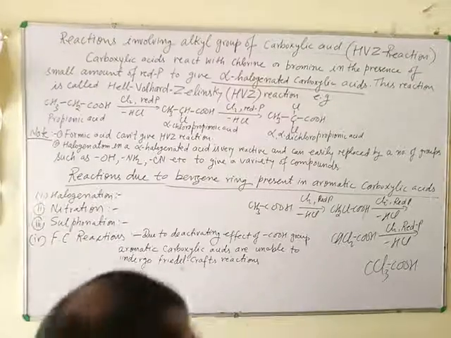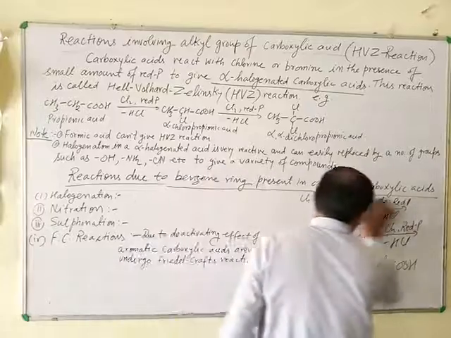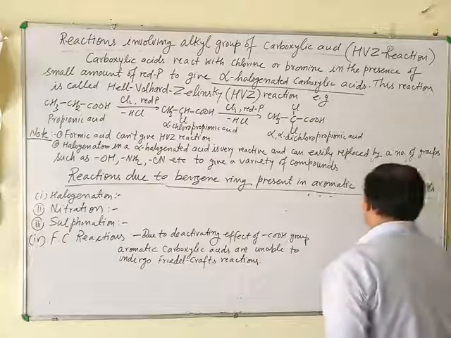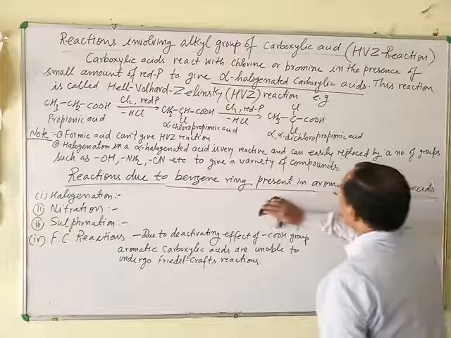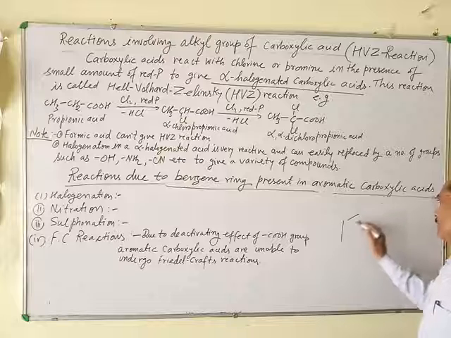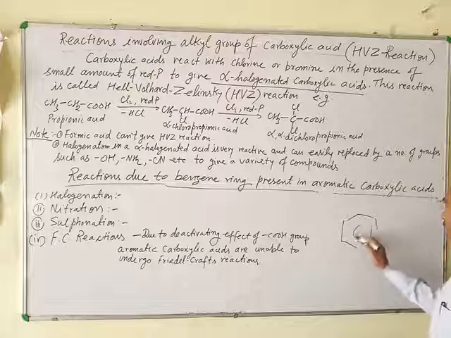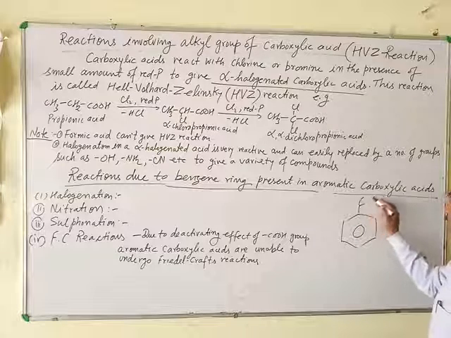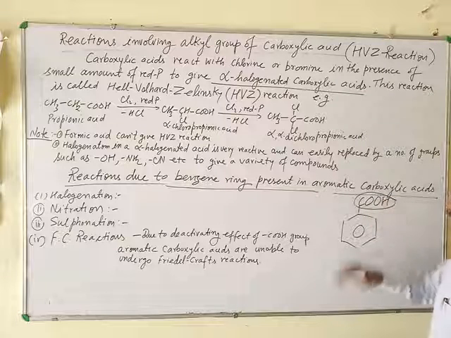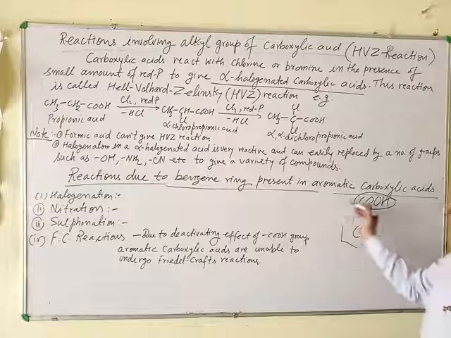Since COOH group is an electron withdrawing group, that's why it is a meta-directing group. Means COOH group is a meta-directing group. Which type of group is this?